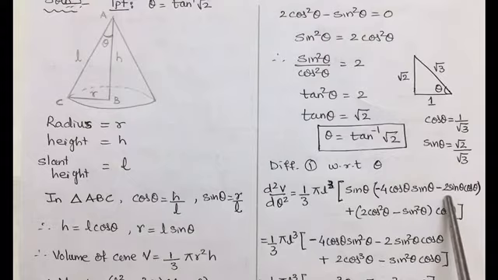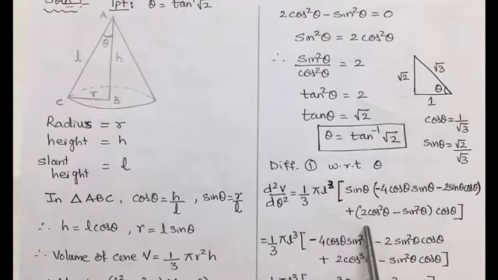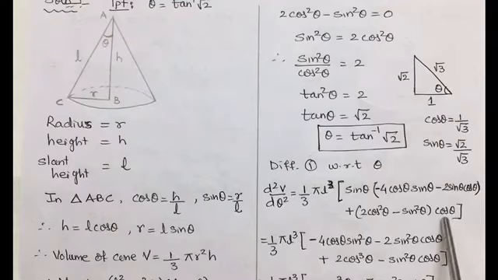and derivative of sin square theta becomes 2 sin theta, that is using chain rule, 2 sin theta cos theta. Then keeping 2 cos square theta minus sin square theta as it is, calculating the derivative of sin theta, we get cos theta.